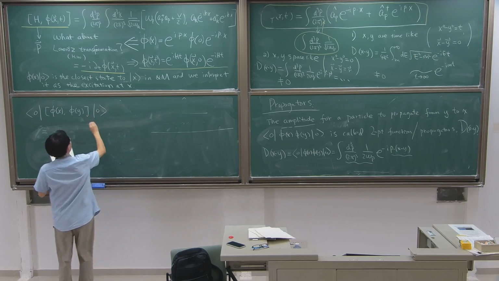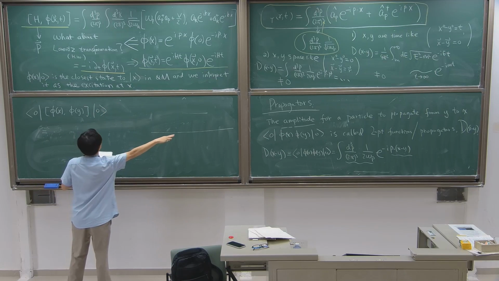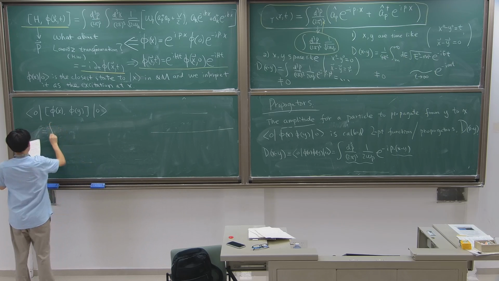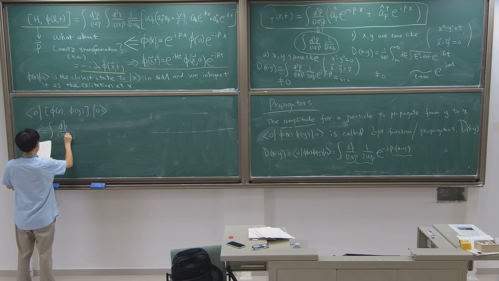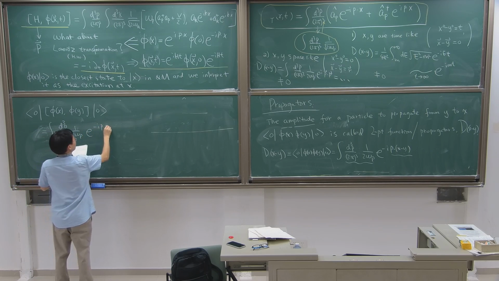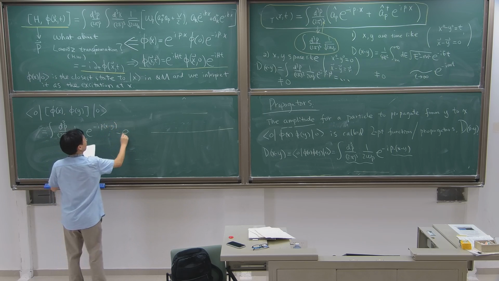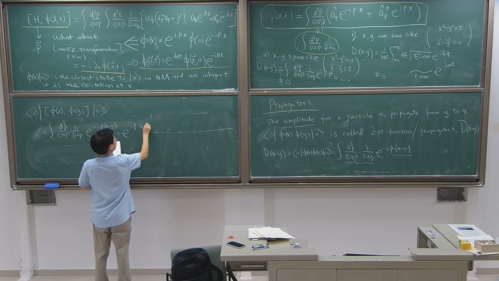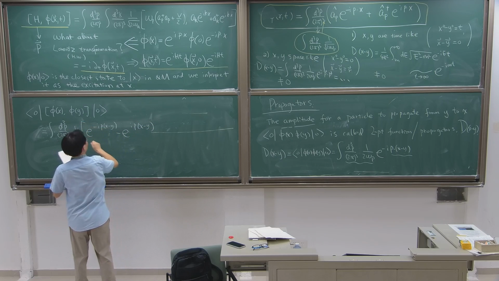I want to work it out and get a result, something like this. Indeed, this is nothing but two such terms combined together. So the final result is this one, i times D minus i times D. So there are two terms.